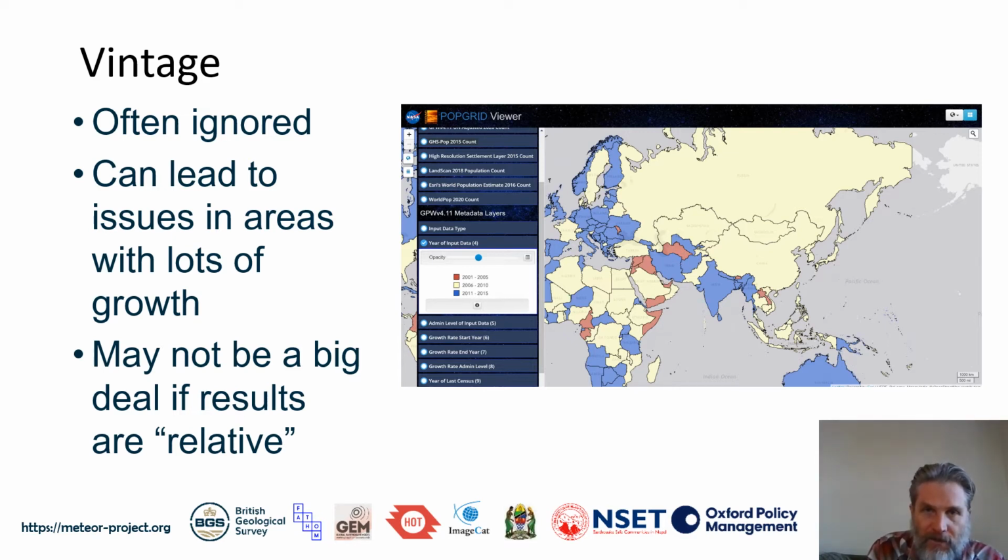And it's telling you how old the data sets are. These red ones are 2001 to 2005. The yellow ones are 2006 to 2010. And the blue ones are the only ones that are since 2010. In this case, they only go up to 2015. So in all those circumstances, those population data sets are going to be old.